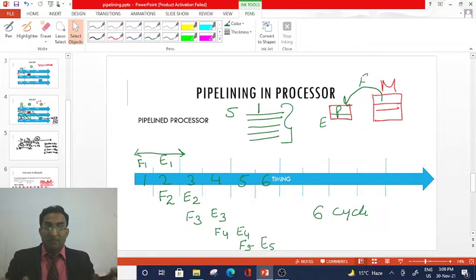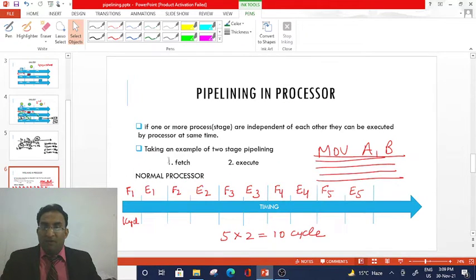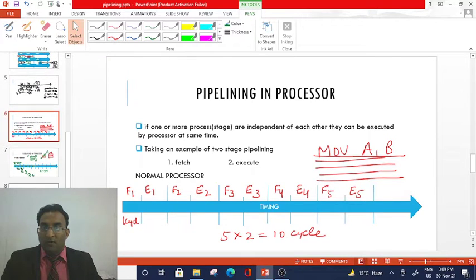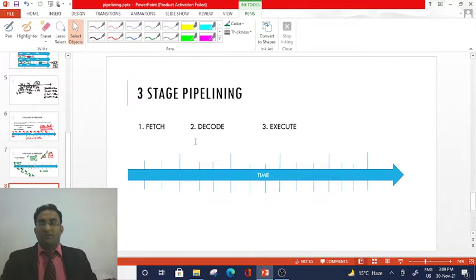By this means, we are increasing the speed of the processor by saving the number of cycles. So this is the example of two-stage pipelining. Now we are going to look at the three-stage pipeline processor. In three-stage pipelining, we have three stages: fetch, decode and execute.